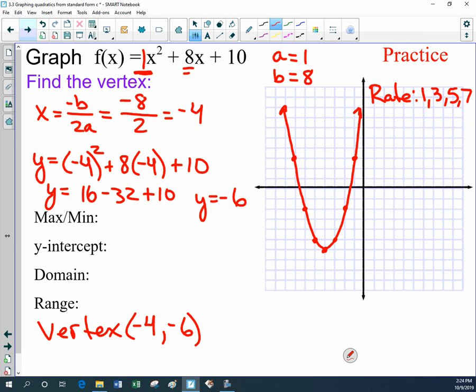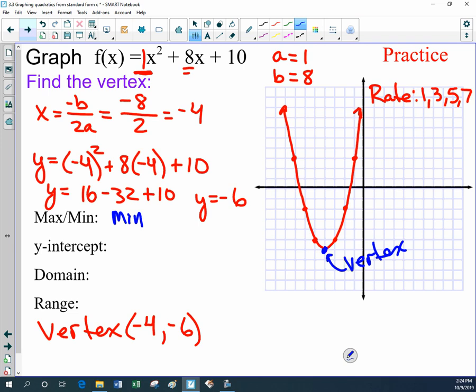Okay, then let's answer these questions. So first of all, is the vertex. The vertex, which is this point right here, is the vertex the highest point on the graph or the lowest point on the graph? Okay, and this one, it's the lowest, so it would be a minimum. The y-intercept, okay, so we didn't actually go far enough in our graph to find the y-intercept here.